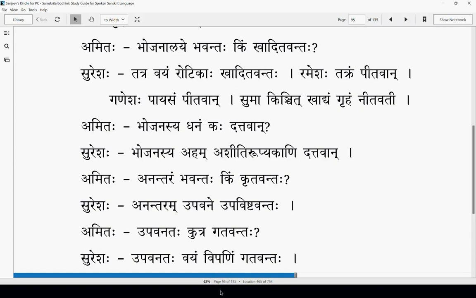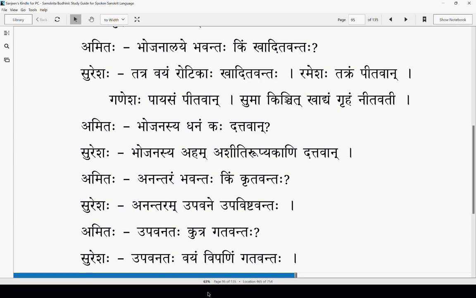Okay. These lines are "Suma Kinchit Khadyam Griham Nitavati." What is this Khadyam Griham? Griham is house, right? Khadyam is like an eatable food.